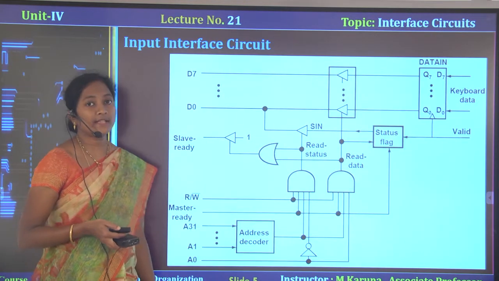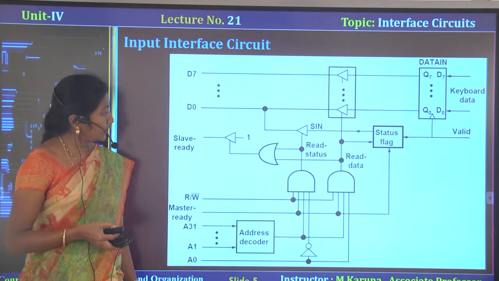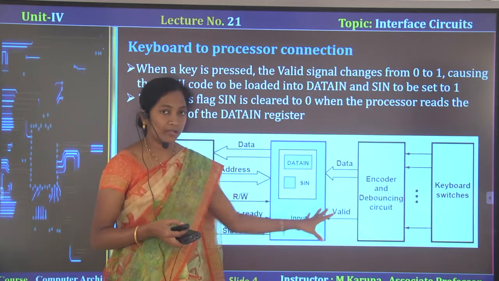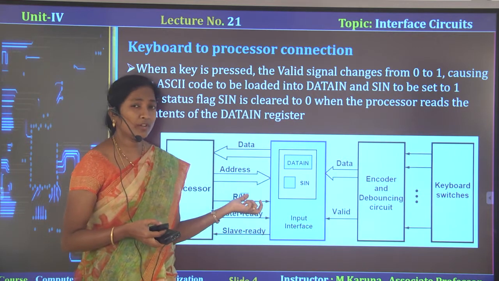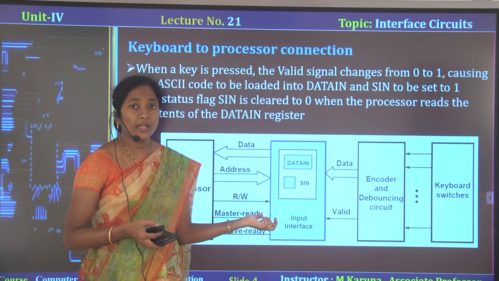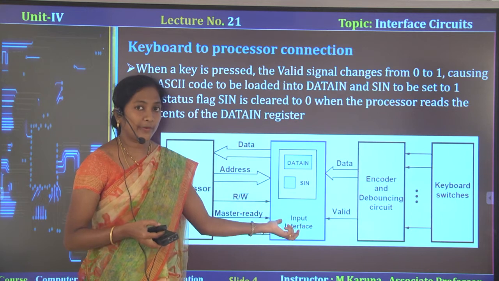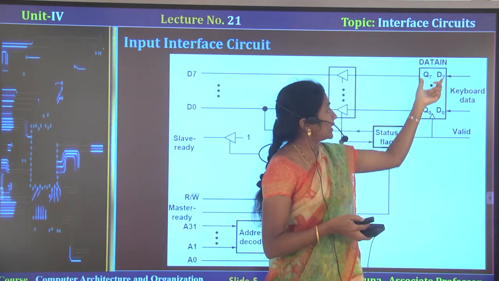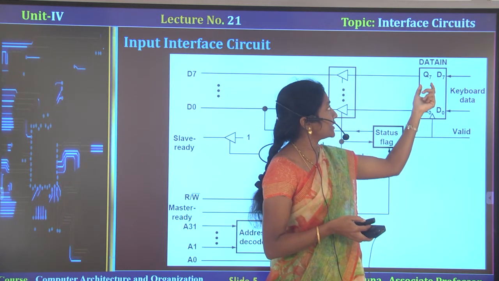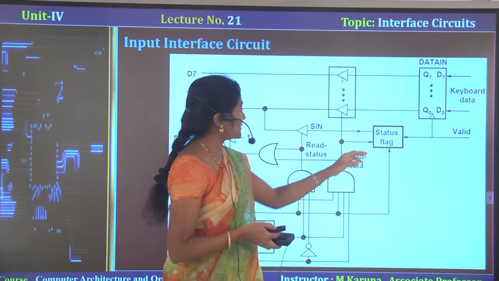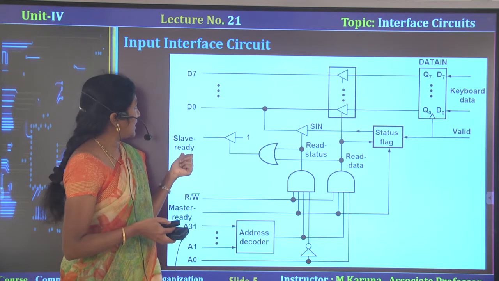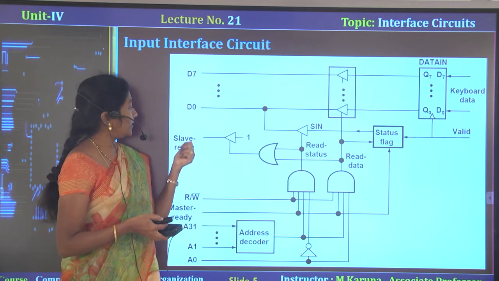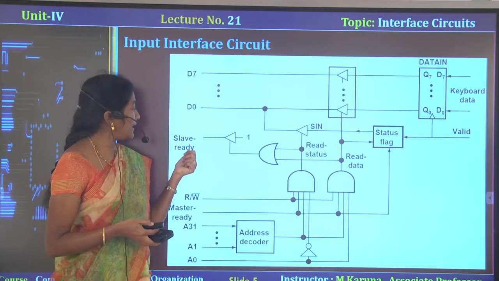Here is the interface circuit. We have just seen the blocks between the keyboard and the processor. Now let us observe in detail what kind of circuits are used to perform this operation. The parts in this interface circuit are the data in register, status flag SIN, read status, read data, and slave ready signal, whatever we have seen in the previous slide.